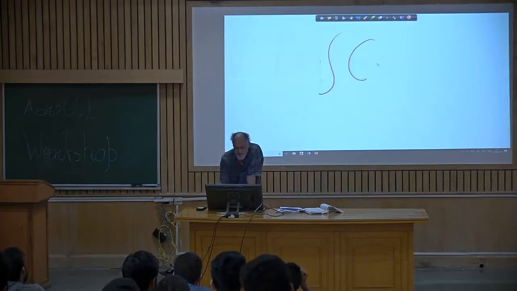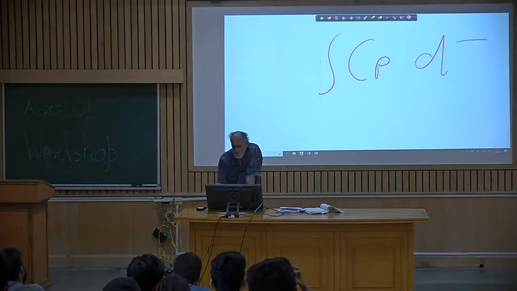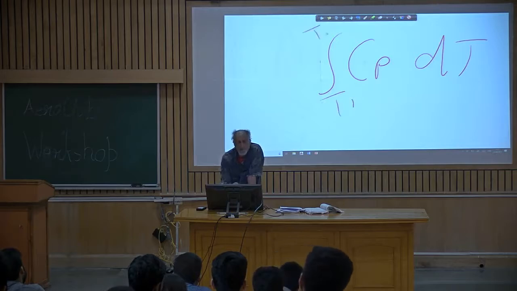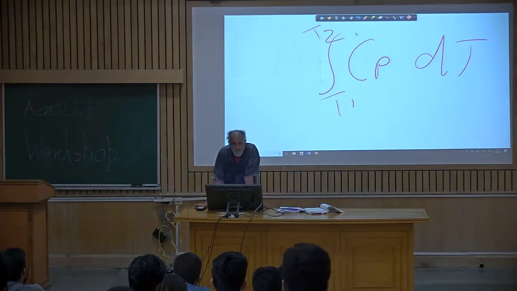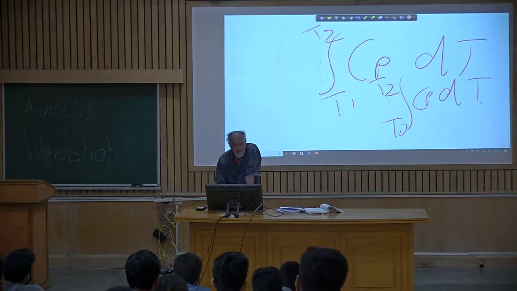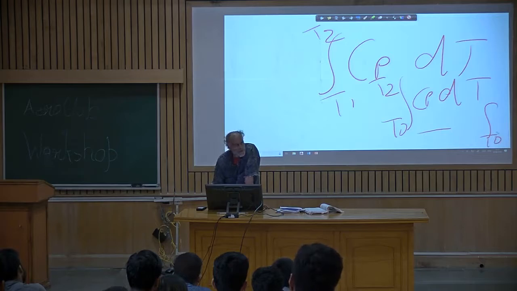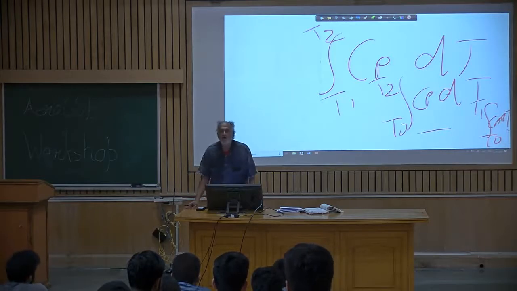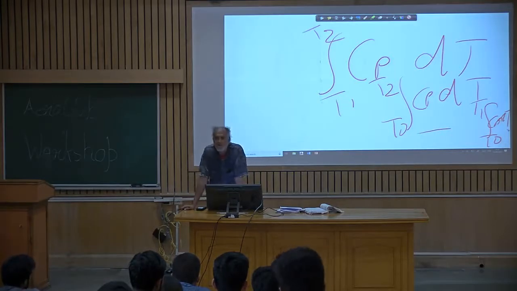If you have this issue here, how do you break this up? You take one reference to T2, get the experimental value, then minus reference, same reference, T1, and get the experimental value. Can I do this? And then I got H2 at T2 minus H1 at T1.